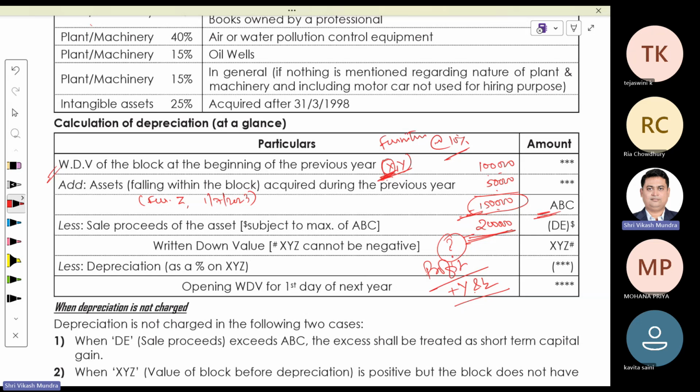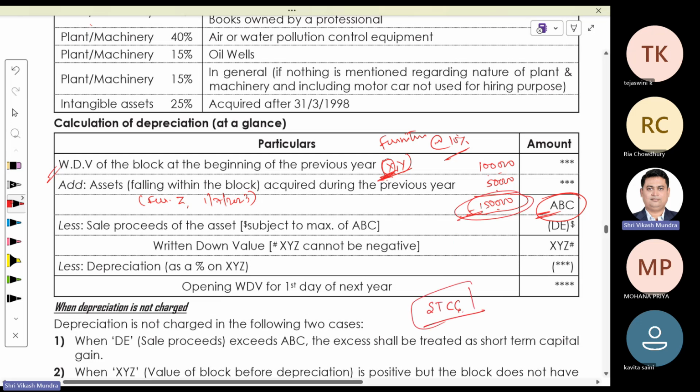That means in case the sale proceeds exceed this ABC, the excess amount shall be treated as short-term capital gain. And since the entire value has been absorbed by the sale proceeds, there are no costs pending which are required to be amortized over a number of years.